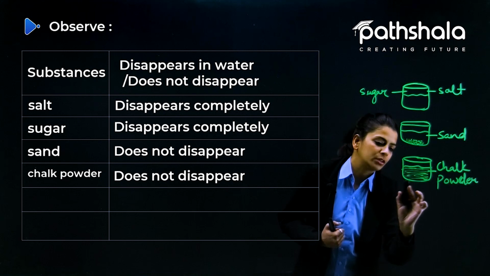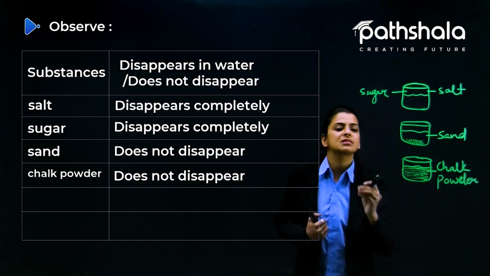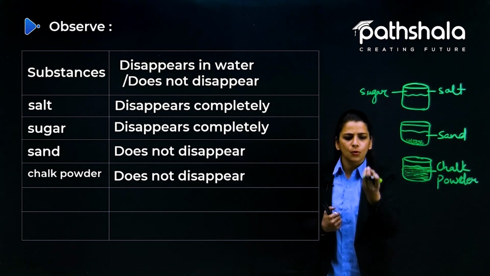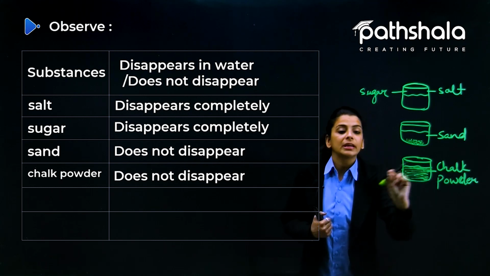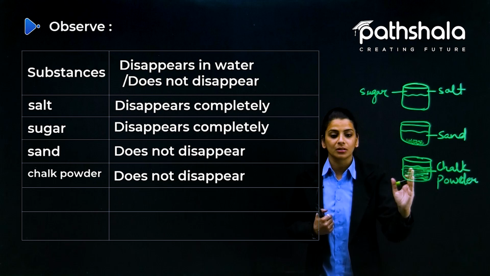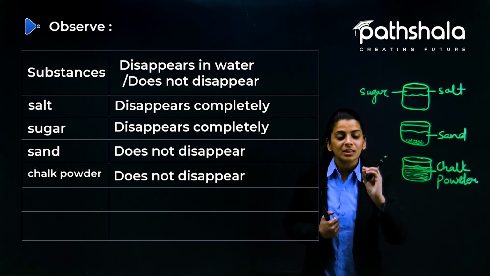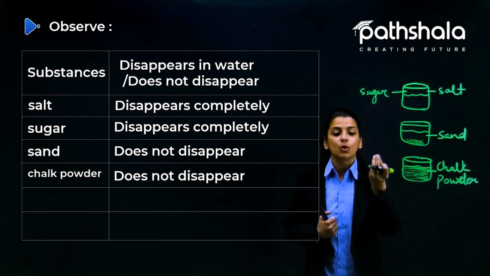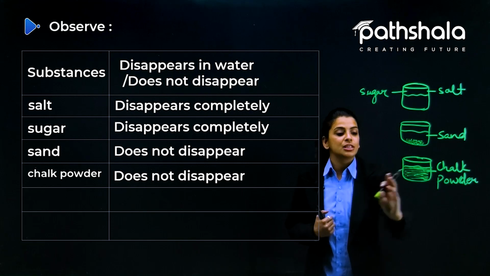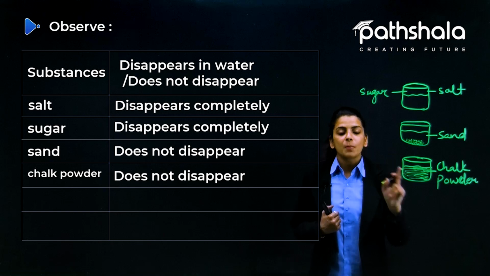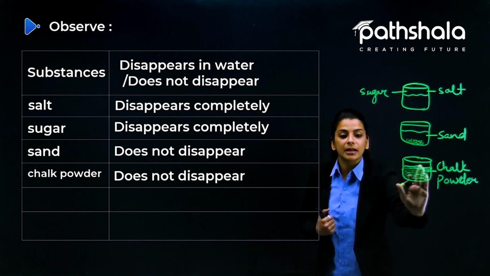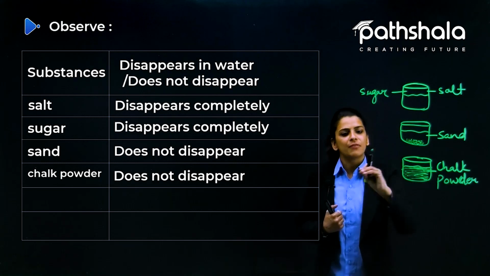It means it has dissolved somewhat, a little bit dissolved, but it did not disappear. You are not able to see the clear water completely. You are only looking at the whitish water, and that color this water has attained because of the chalk powder.